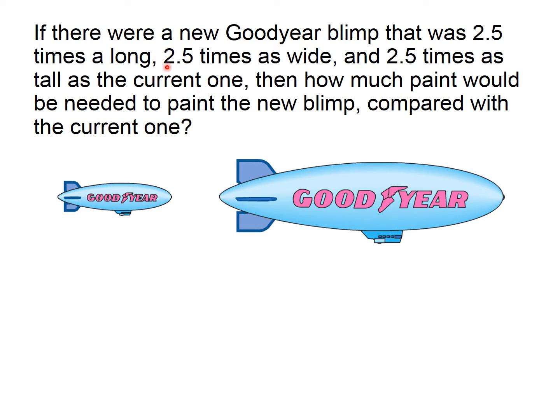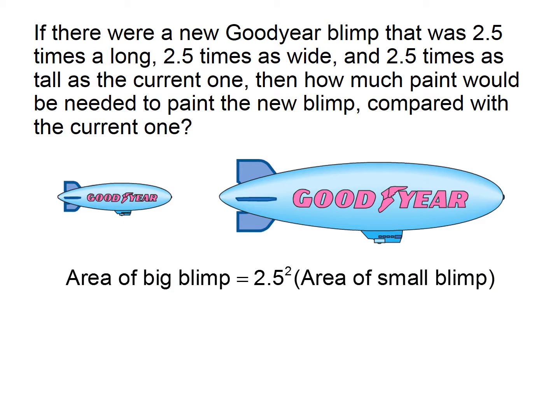We might be tempted to say it's going to take 2.5 times as much paint because the new one is 2.5 times as big as the previous one. But we've got to be careful about this. The first thing we need to realize is that when we're talking about paint, we're really dealing with area. So we're asking how much more area do we have in the new blimp than the old one.